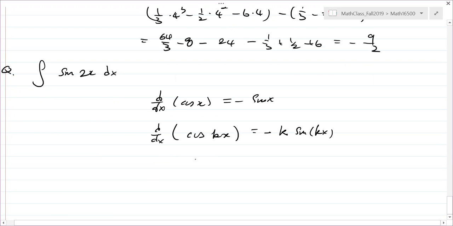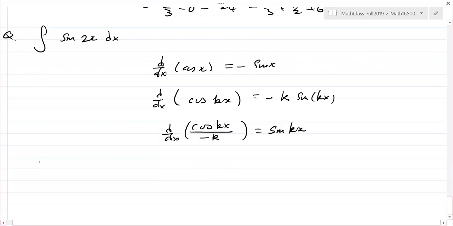So you can modify it. My integral of sine 2x dx, this is the antiderivative, is going to be negative 1/2 cosine 2x plus a constant.